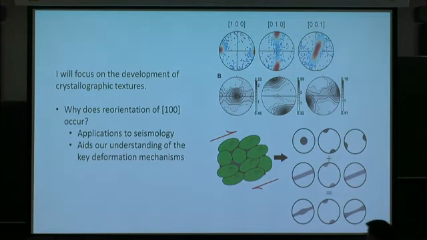As I say here, I'm going to focus on this crystallographic control rather than the effect of the melt phase in modifying the elastic properties. And as I just mentioned, there are applications to our interpretations of seismic data sets.